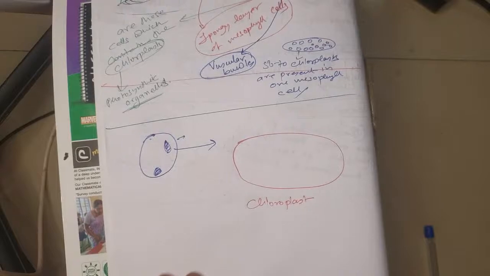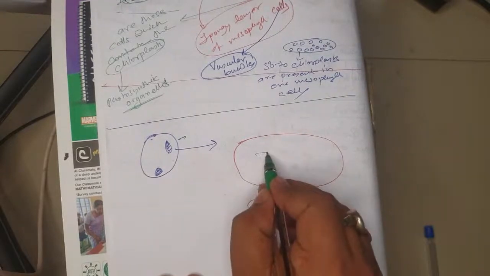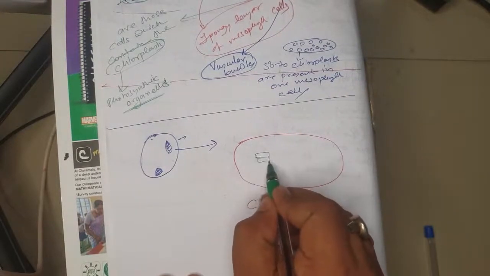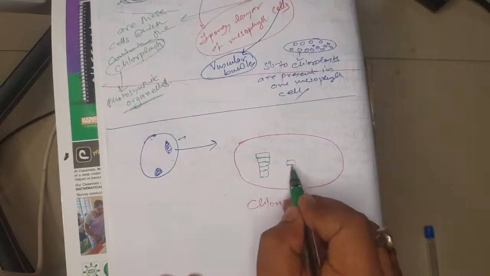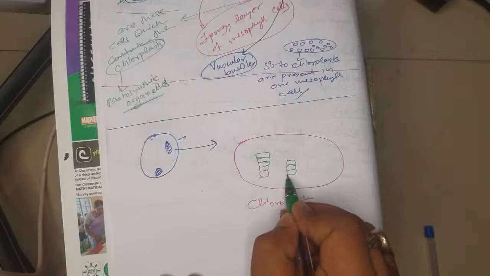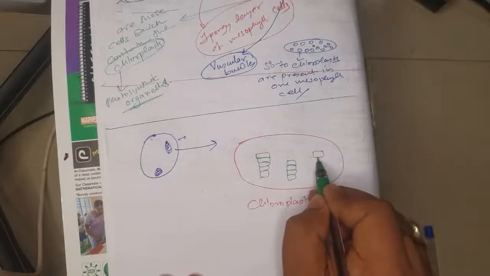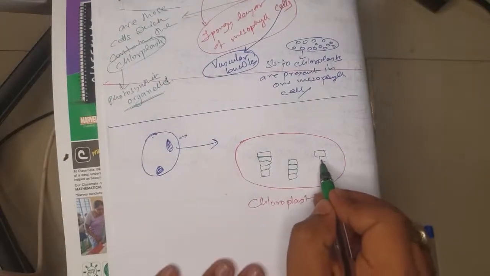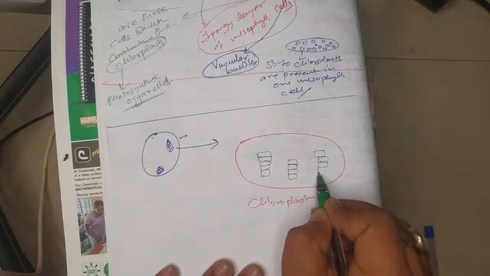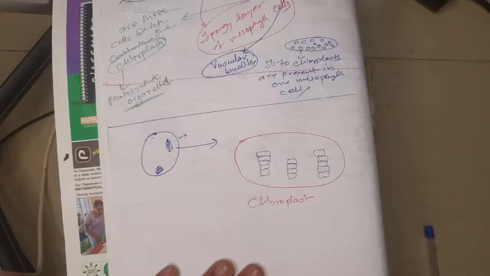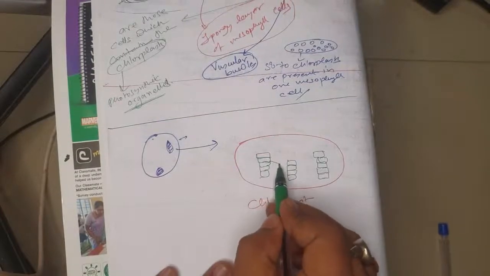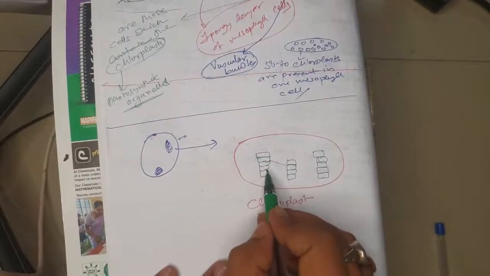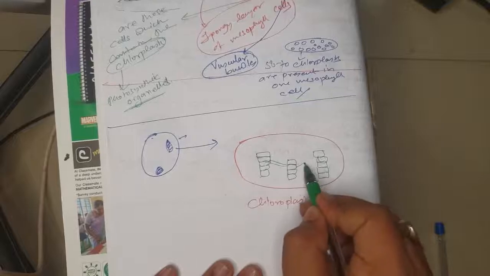Now you very well know that inside the chloroplast there are thylakoid membranes which form stacks one over the other.